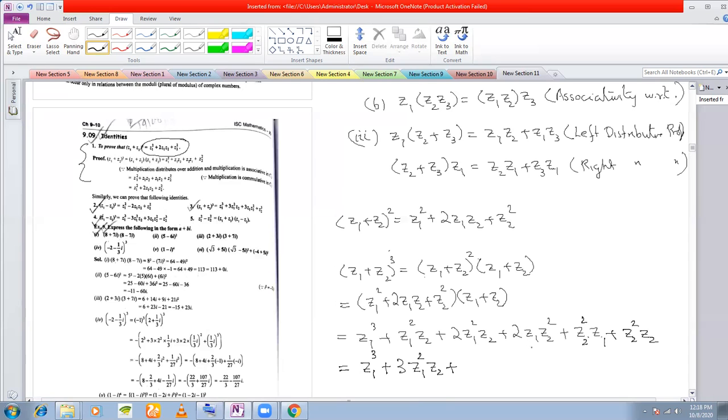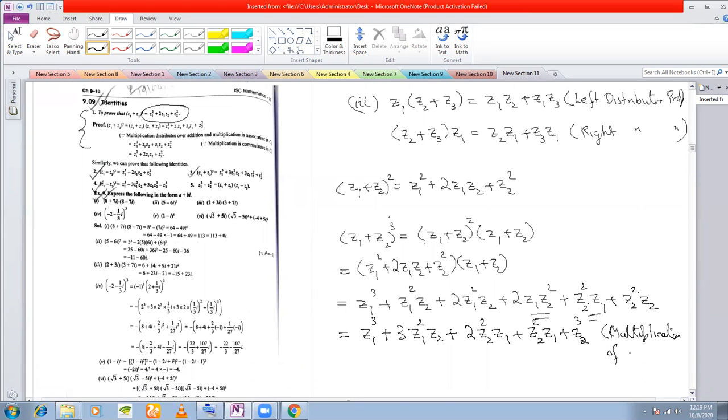And here, see, I have Z1 Z2 square and I have Z2 Z1 square here. So since multiplication of complex numbers is commutative, I can write this as thrice Z2 square Z1, plus Z2 cube. Z2 square into Z2 can be written as Z2 cube, because multiplication of complex numbers is commutative.